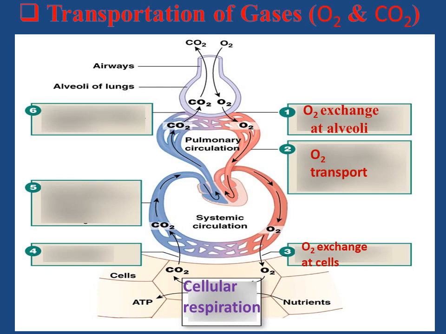We know that within the cell, glucose is oxidized by oxygen and forms energy-rich ATP, carbon dioxide and water, where we use the ATP for our daily needs.